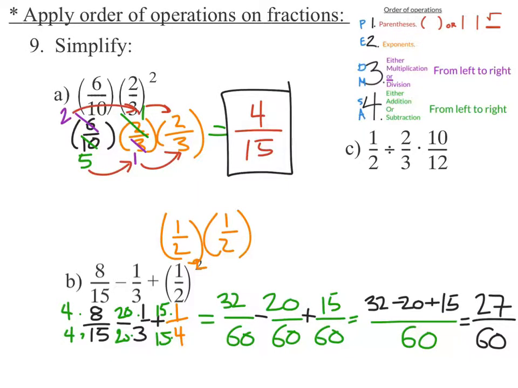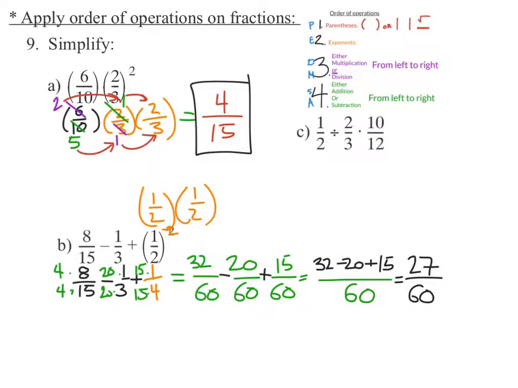So yes, this can be simplified. Both of these are divisible by 3. Maybe even more, I guess. We'll find out. But 27 divided by 3 is 9. 60 divided by 3 is 20. So no, that would be our final answer for this one, 9/20ths.